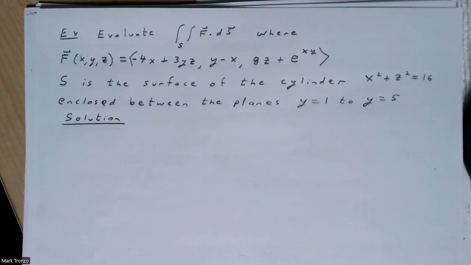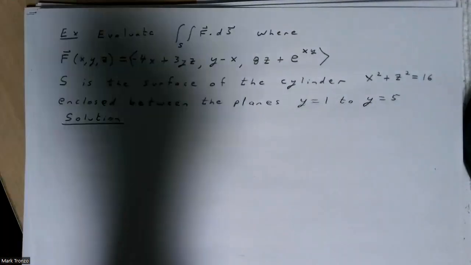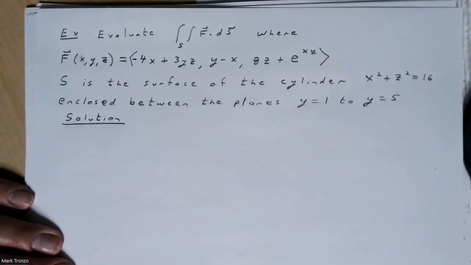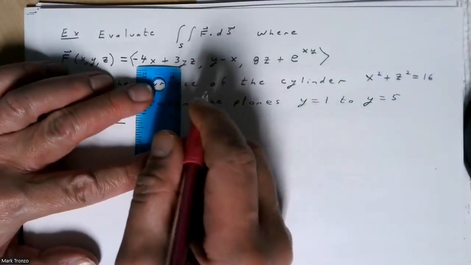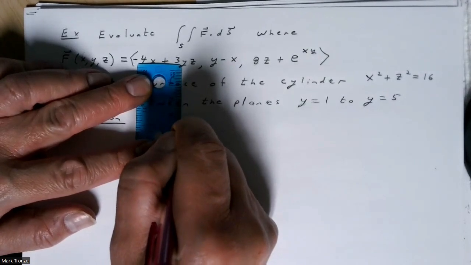So once again, we're going to apply the divergence theorem. And so once again, recall we're going to need the divergence. And actually, it might be interesting first to draw the picture, or at least get a general feel for what the picture might look like.